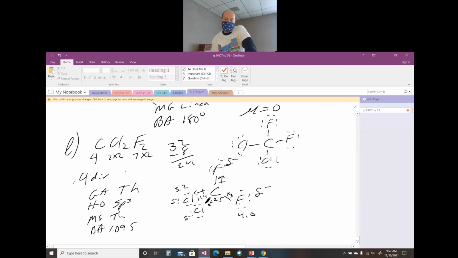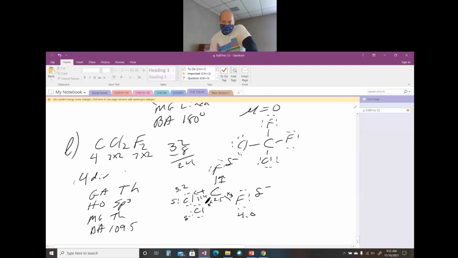Note that I wrote a smaller delta minus for the chlorine because that bond is not as polar. This bond has a difference of 0.7, and this bond has a difference of 1.5. So the fluorine bond is much more polar than the carbon-chlorine bond.